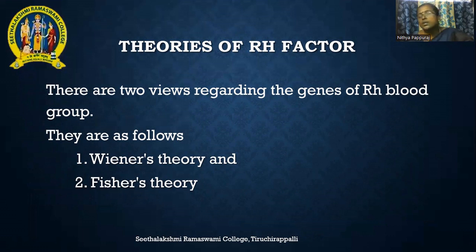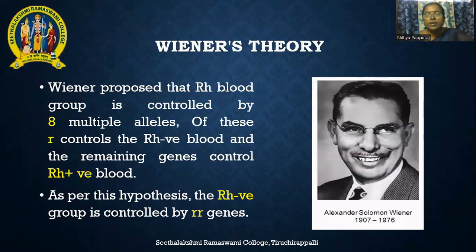Now let's see the theories behind the Rh factor. There are two views regarding the genes of the Rh blood group. One is Wiener's theory and the second is Fisher's theory. Now let's see Wiener's theory. He is Alexander Solomon Wiener. Wiener proposed that the Rh blood group is controlled by 8 different multiple alleles.